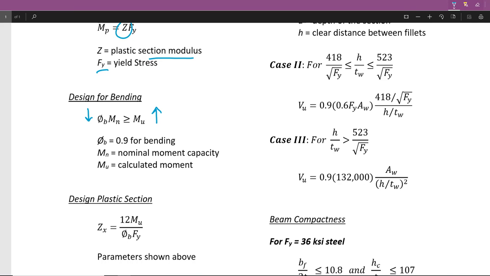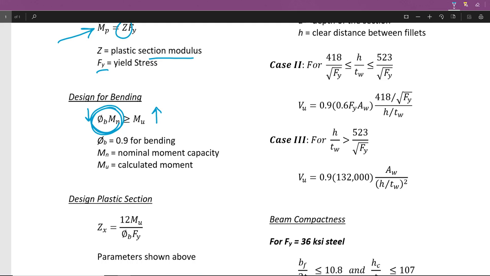So on the left side, if you were to cross multiply here, you'd have your yield stress times your plastic section modulus, which in essence is the M sub P equation. The phi for bending is the 0.9 that reduces it. So we're just really looking at the left side of that equation right there.